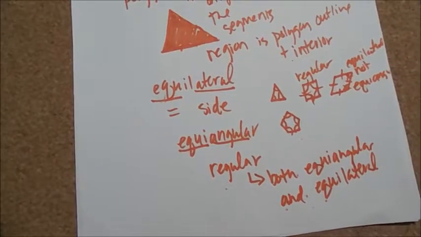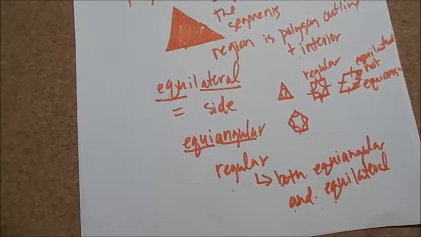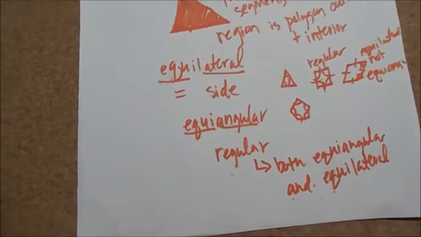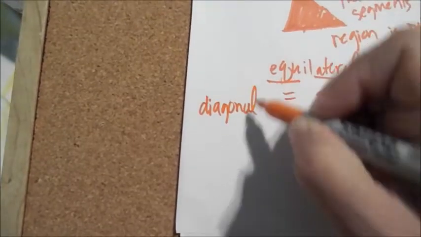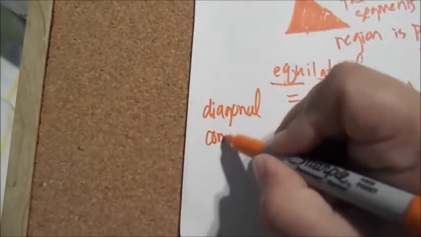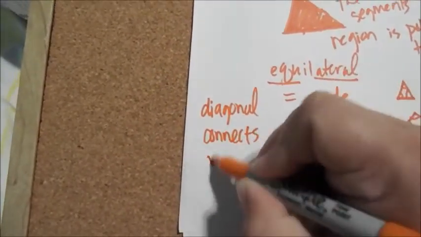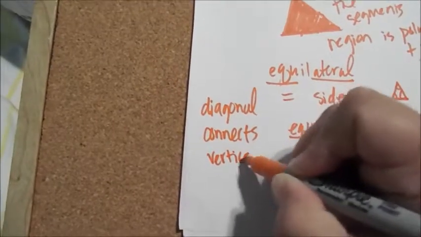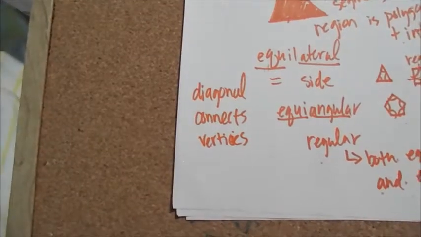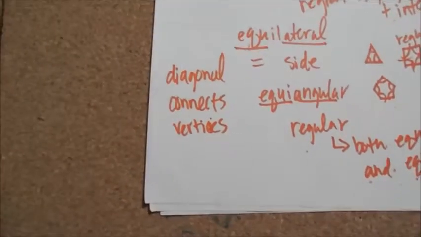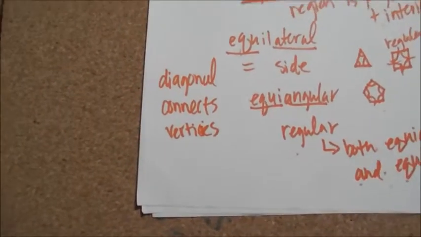One more: diagonal of a polygon. Let's put that over here. Diagonal. It connects vertices, except they can't be vertices that are right next to each other.